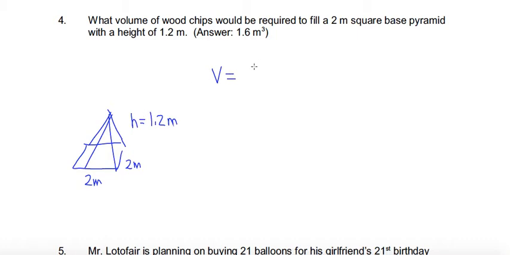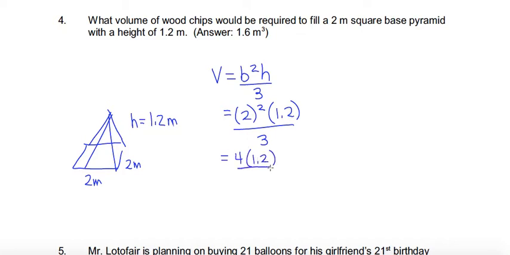So the volume of a square base pyramid is base squared times height divided by 3. The base is 2, so 2 squared times my height of 1.2 divided by 3. 2 squared is 4, times 1.2, divided by 3. Simplify your numerator. 4 times 1.2 is 4.8, divided by 3 is 1.6.